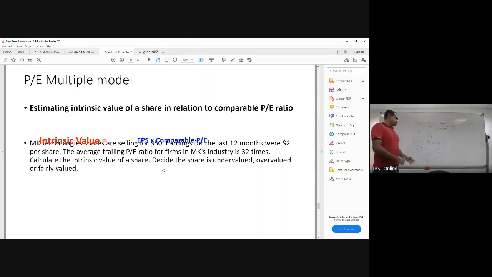So you are right, it is undervalued. What you need to say is MK Technologies is trading at $50 per share, whereas the intrinsic value is $64. Therefore, it is undervalued.